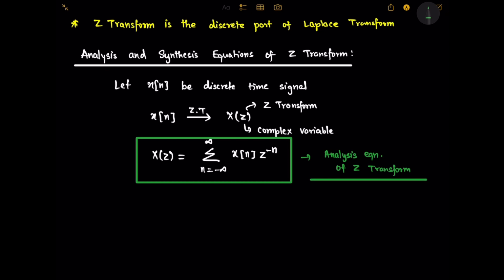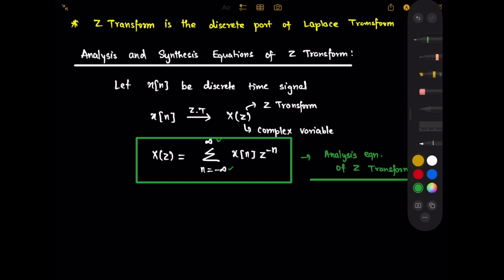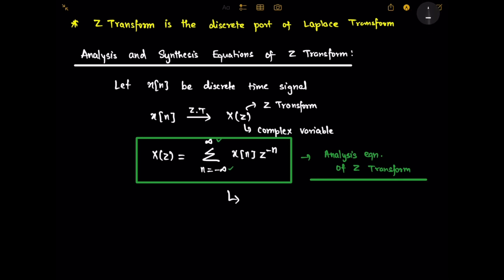We can see that it goes from minus infinity to infinity, so this Z transform is called the bidirectional Z transform.